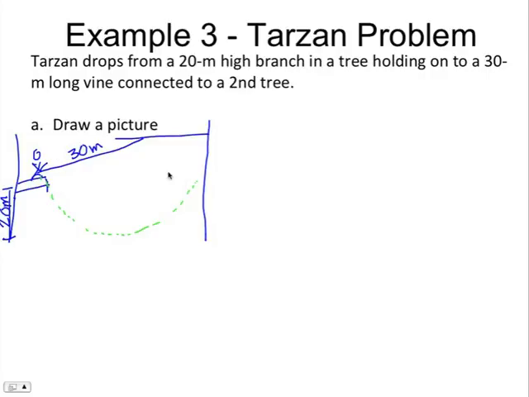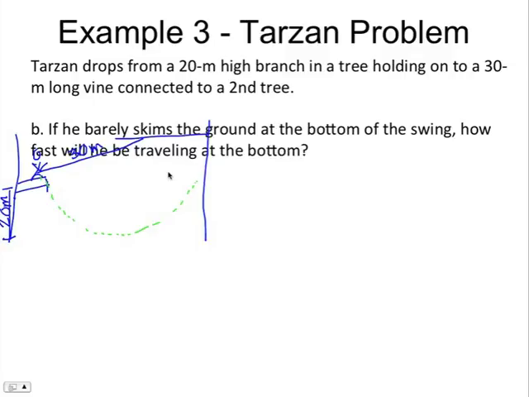We're looking next for, if he barely skims the ground at the bottom of the swing, how fast will he be traveling at the bottom? So we're looking right here. I guess my picture should have been drawn a little bit more over there, but if our vine's right here, Tarzan would be right there.